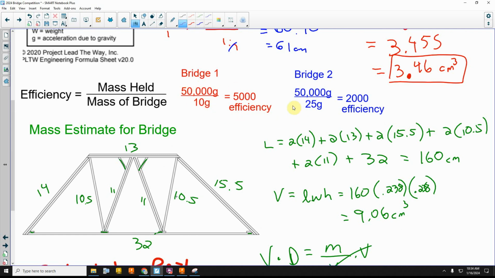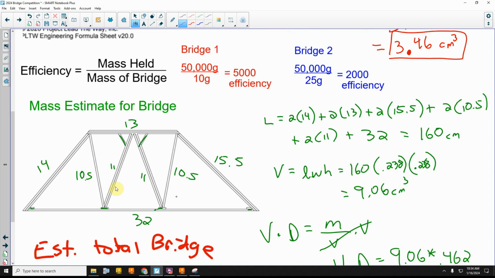So both my bridges are probably a little bit overbuilt. Something needs to be a little bit less in order to have that 5,000 efficiency. I don't know how good the designs are. That's one of the things we'll still have to test. But that's how you do a mass estimate.